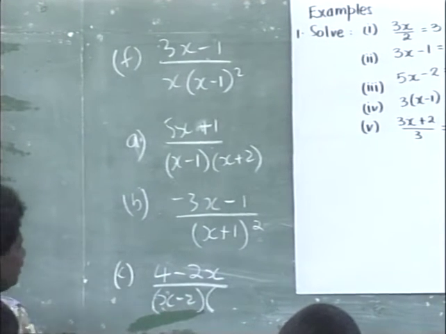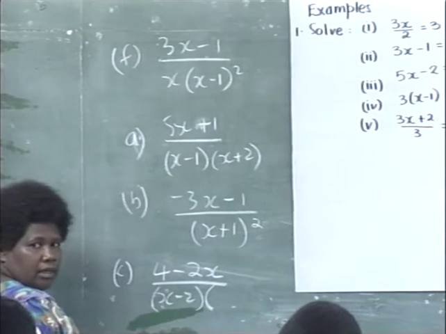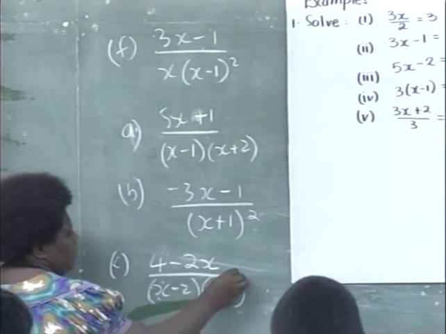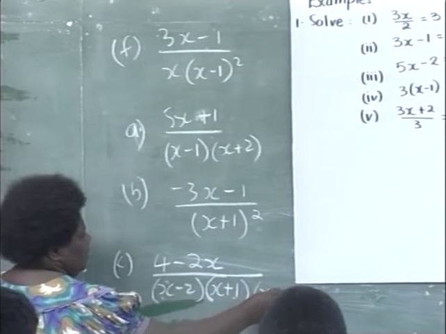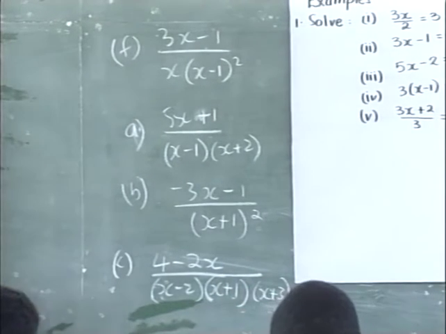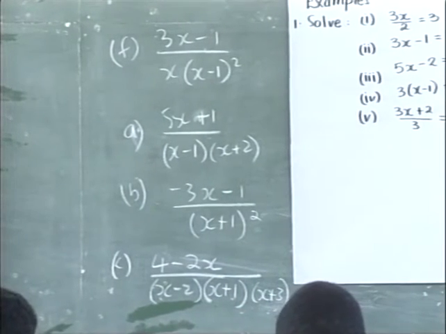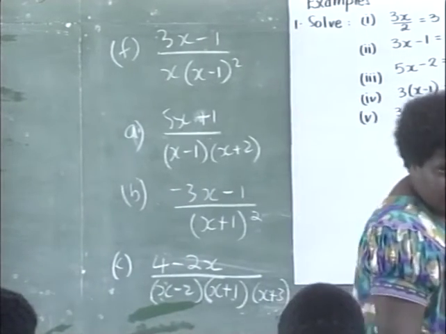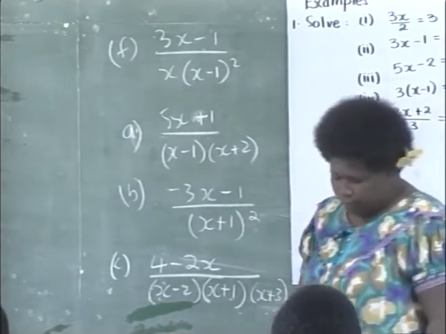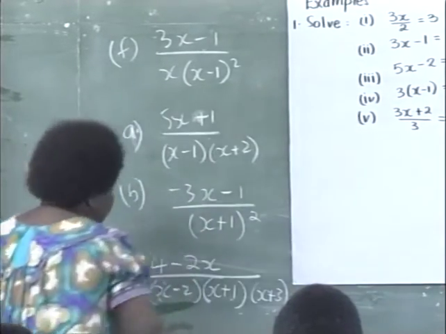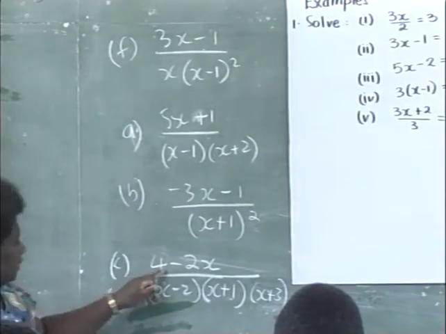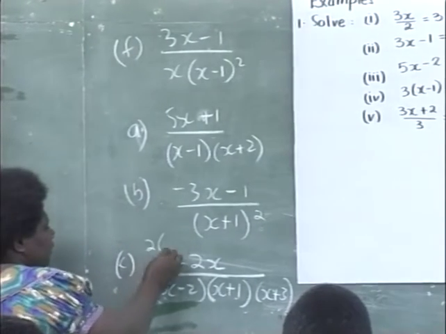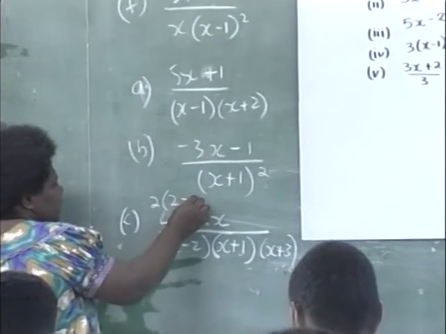Okay, 4 minus 2x over x minus 2 times x plus 1 times x plus 3. Okay, you all got this one? All right, you note that you can actually factorize this one. You get 2 outside the brackets, and then you will get 2 minus x.